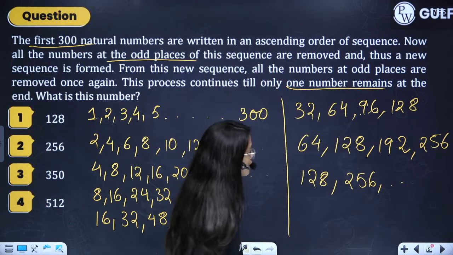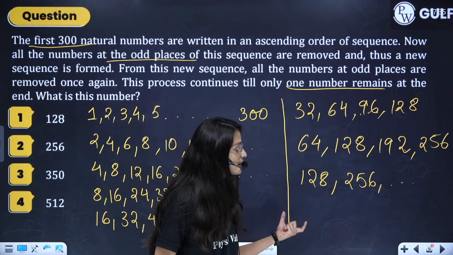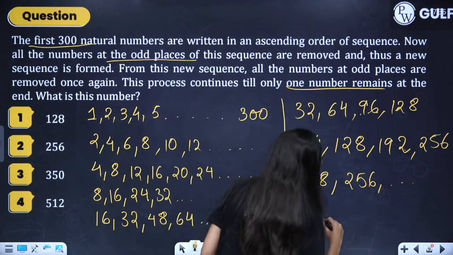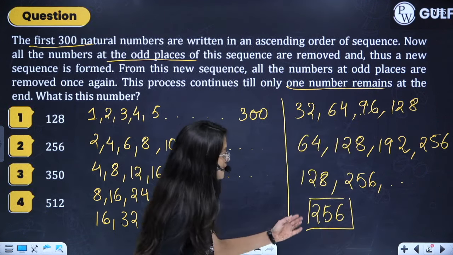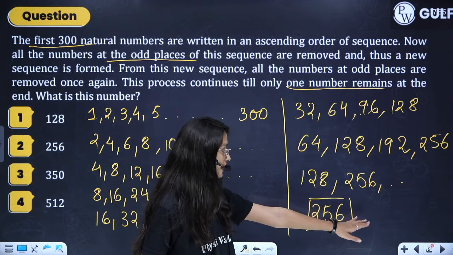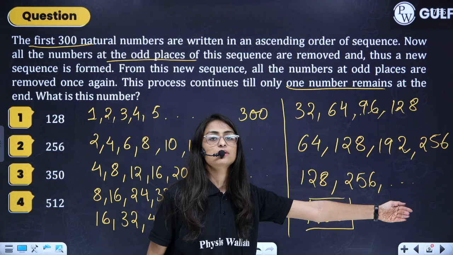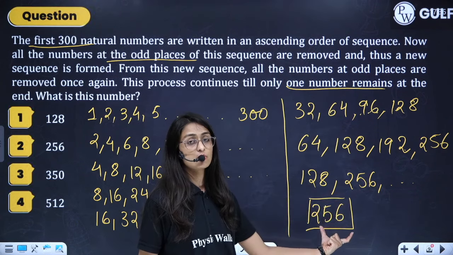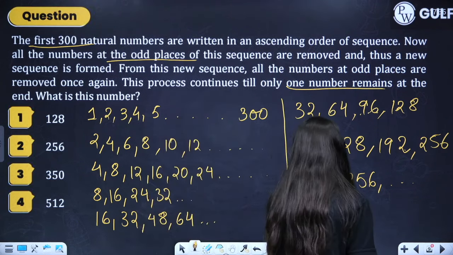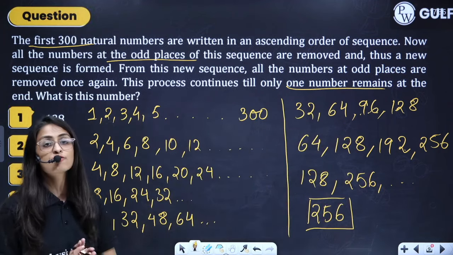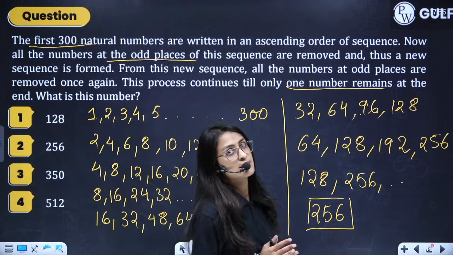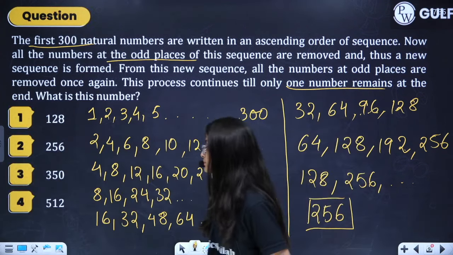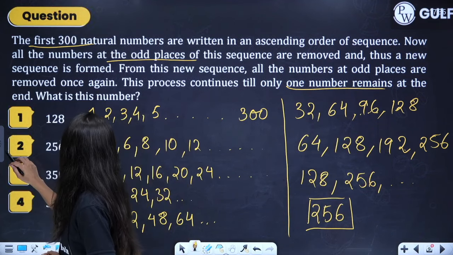If I remove 128 from here, I'll be remaining with 256, because if I add 128 to this number, it will be greater than 300, and I need to stop at 300. So 256 will be the number remaining from 300 natural numbers if I remove odd places one by one. So it's our option B.